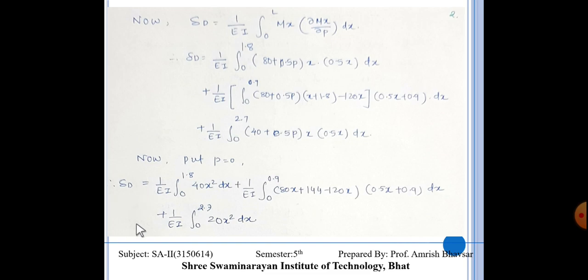So we will get 1 upon EI integration 0 to 1.8, 40x square dx. Second, 0 to 0.9, (80x plus 144 minus 120x) into 0.5(x plus 0.9) dx, and third, plus 1 upon EI integration 0 to 2.7, 20x square dx.